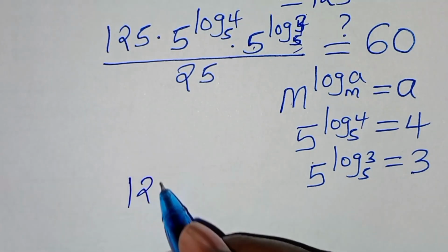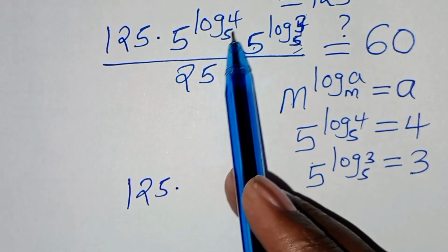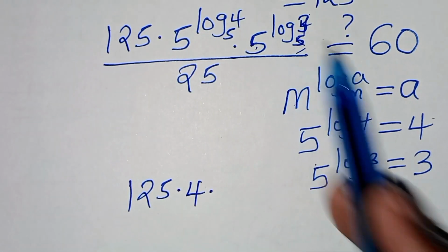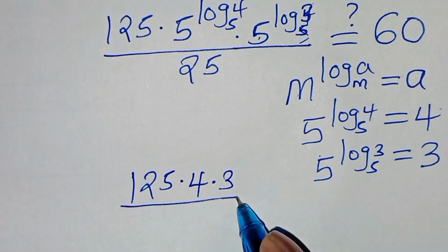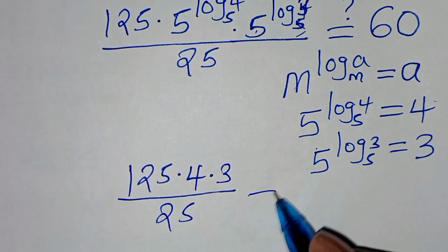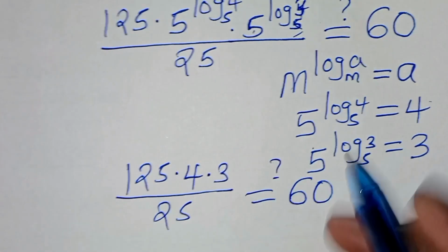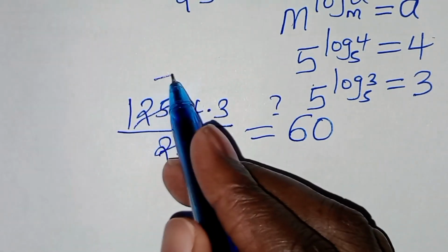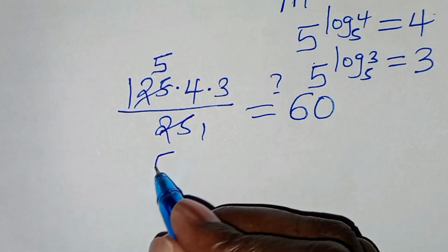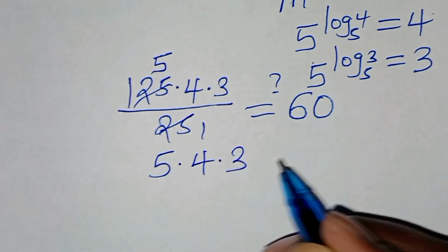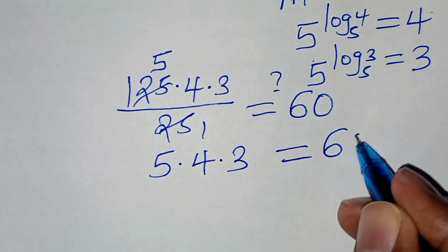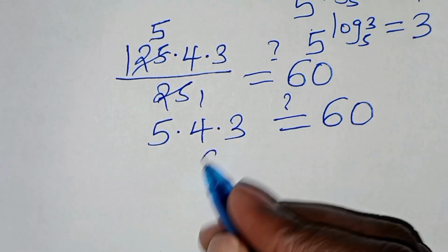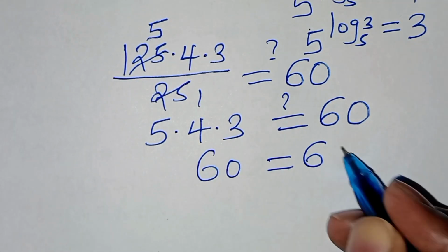We have 125 times 4 times 3, divided by 25. Let's simplify here. 125 divided by 25 is actually equal to 5. So we have 5 times 4 times 3. 5 times 4 is 20, times 3 is 60, and this is equal to 60.